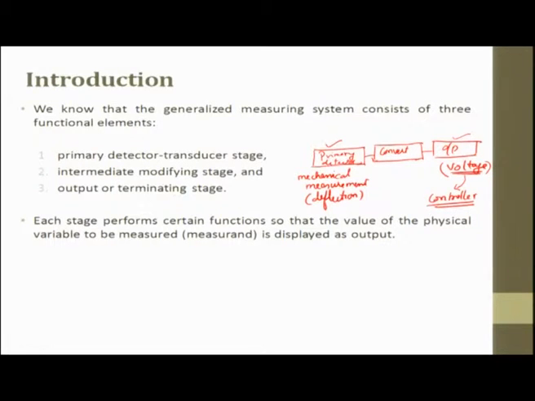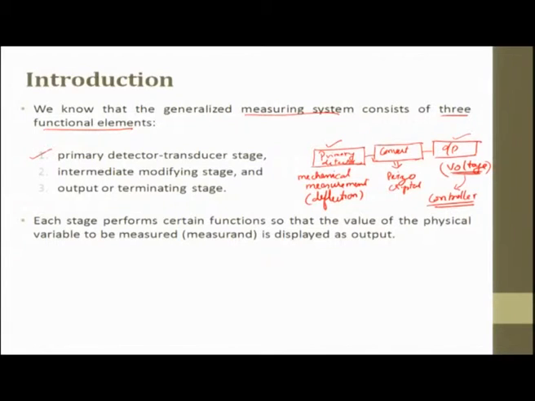Just as an example, I put a piezo crystal here. So, what does a piezo crystal do? A piezo crystal converts the mechanical displacement into an electrical voltage. So, this is an intermediate modifying stage. Here you can have circuits. I have just put a simple analogy for your understanding. So, basically there are three functional elements for a measuring system.